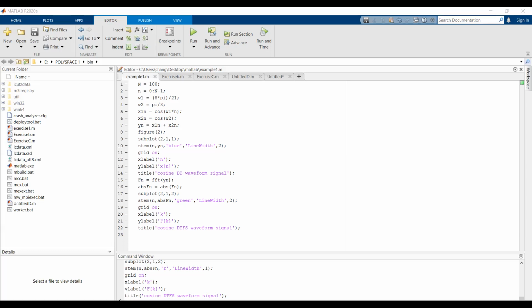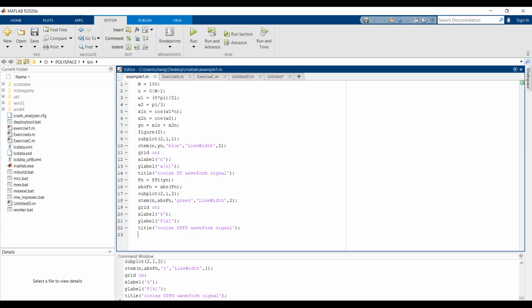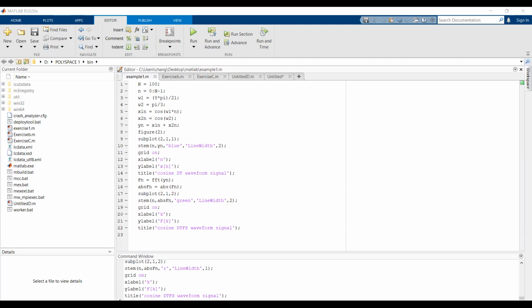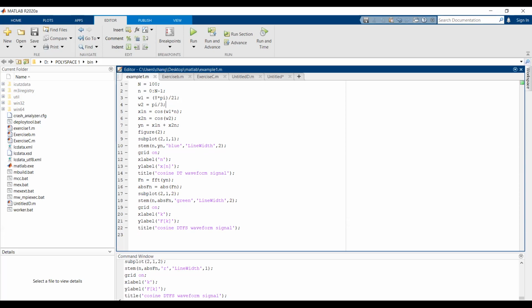So how can we do this? We let N equal 100, where n equals 0 to N minus 1. For the equation, W1 is the cosine of 8 pi over 21, and W2 is pi over 3.